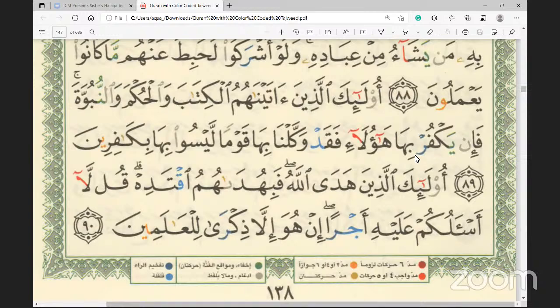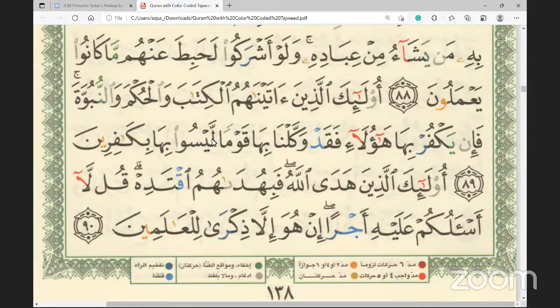Fa in yakfur biha ha'ula'i. Faqad wakkalna biha qawman. What am I doing? I'm not saying qawma. No, that's why they didn't put it for you in green. Qawman laysu biha bikafirin.